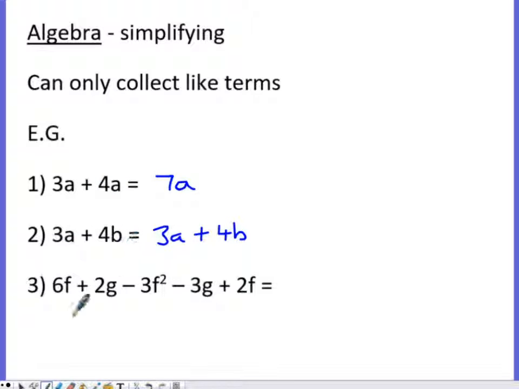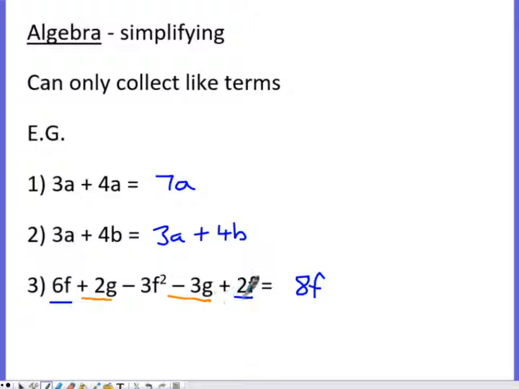In this third example, you need to be careful. These are F's, so this is an F, and this is an F, but this is an F squared. They are different. What we can do is group the F's together, so 6F plus 2F gives us 8F. We can group the G's together, so 2G, and don't forget the sign in front belongs to it, so minus 3G.